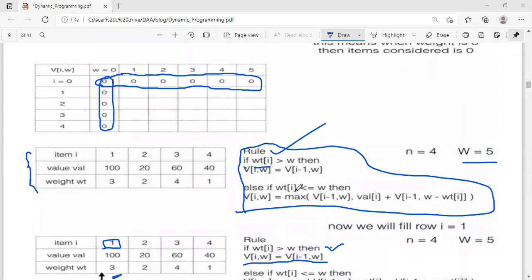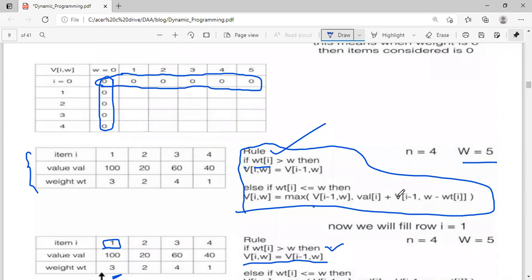Else, if wt of i is less than or equal to w, we use this formula: V of i comma w equals max of V of i minus 1 comma w, and val of i plus V of i minus 1 comma w minus wt of i. This is very important. Remember this formula. It is very, very helpful.